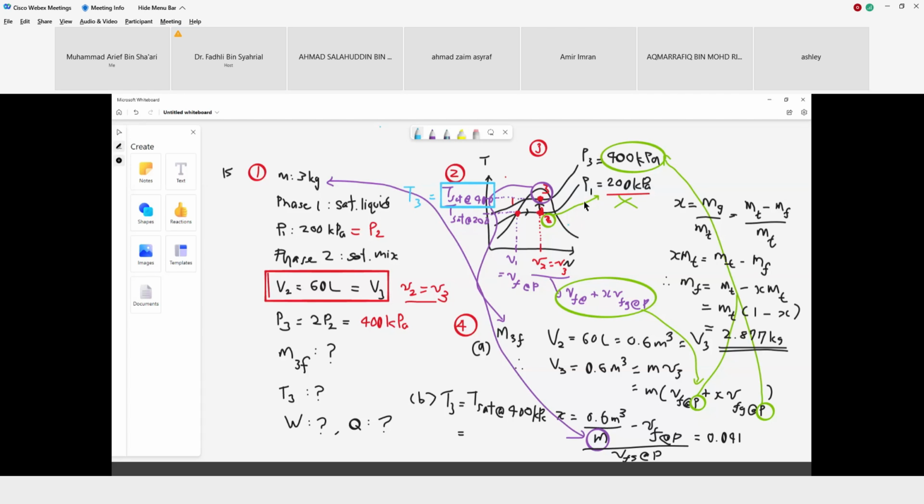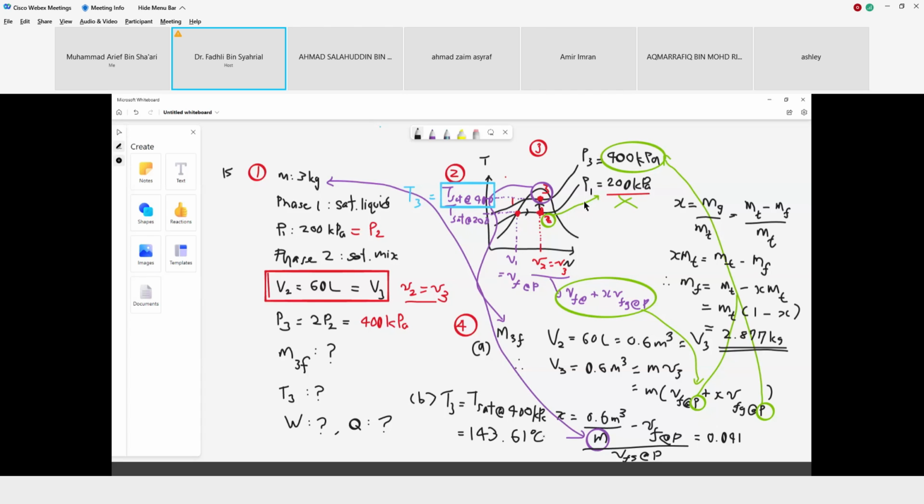The saturation temperature is 143.61. Very simple, right?